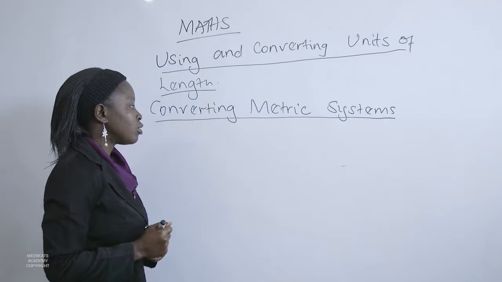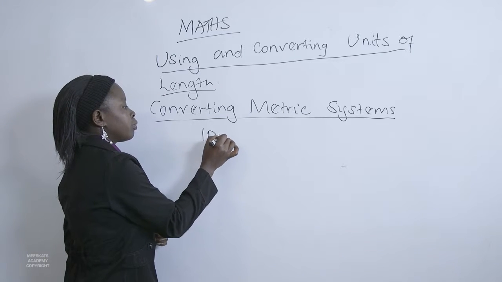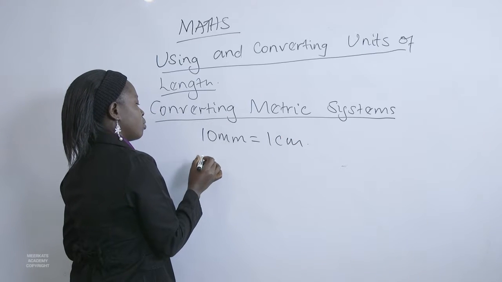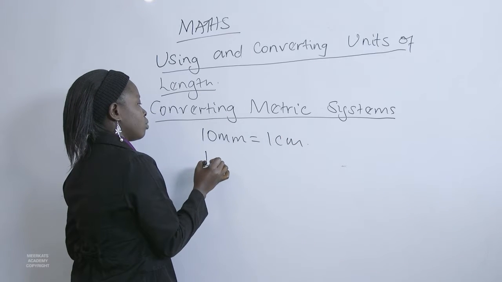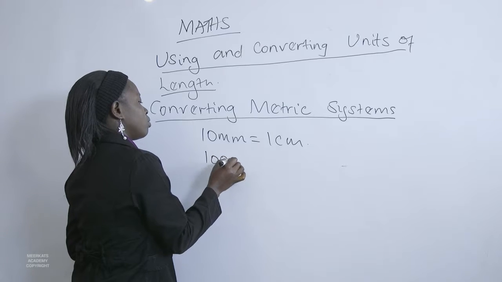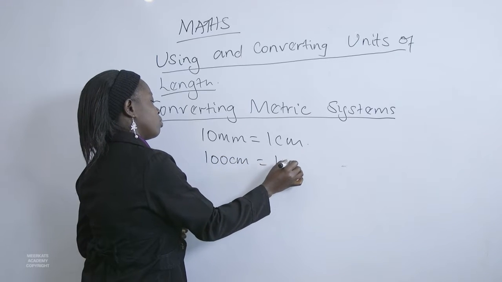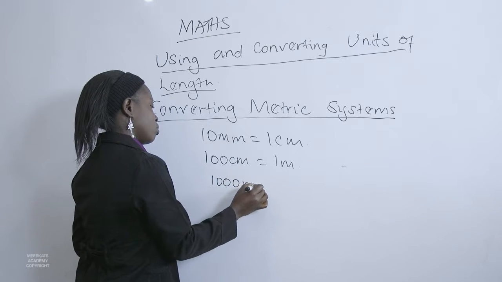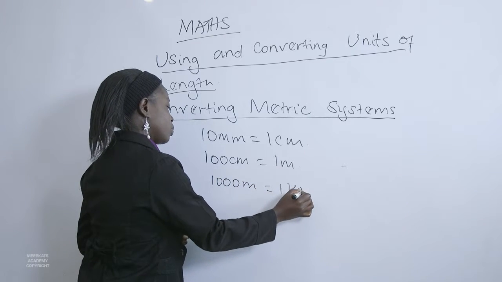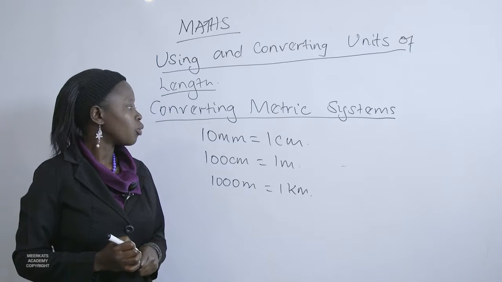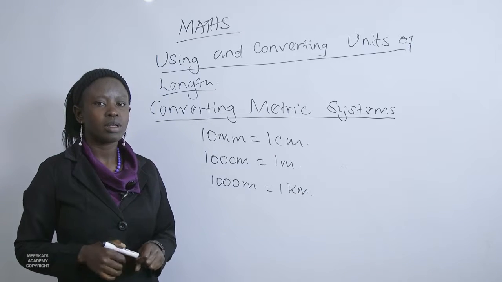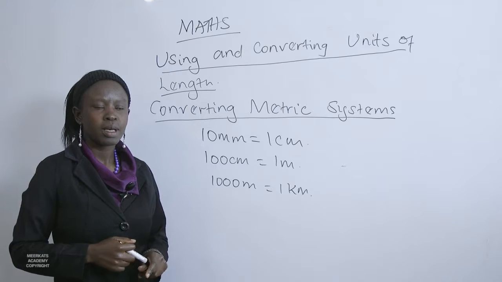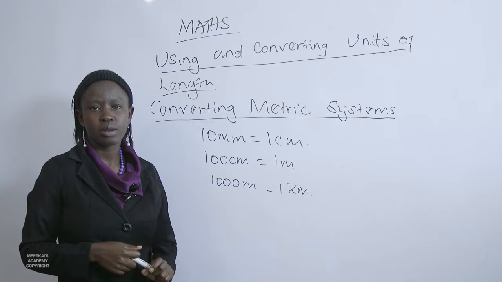So we talked about 10 millimeters. So 10 millimeters is equivalent to 1 centimeter, 100 centimeters is 1 meter, 1,000 meters is 1 kilometer.